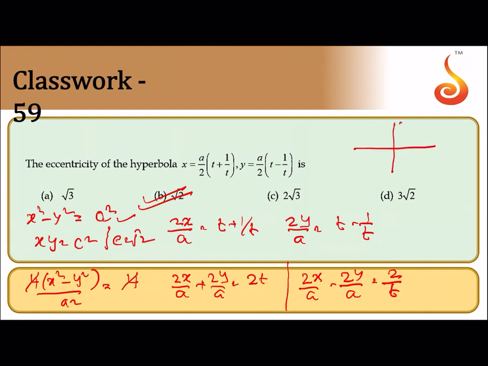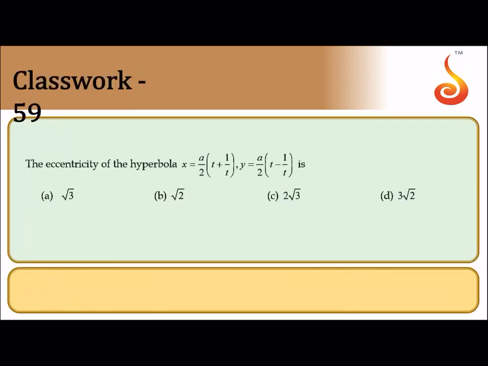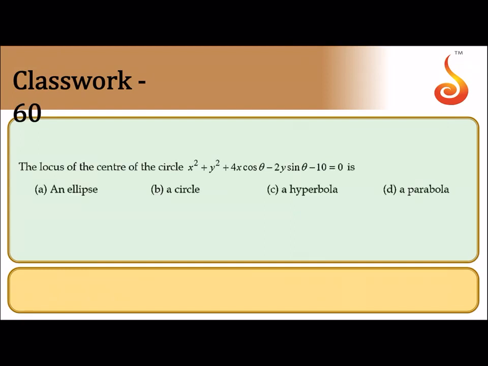In both cases, the eccentricity is root 2. What is a rectangular hyperbola? The angle between the asymptotes is 90 degrees. Then we say it is a rectangular hyperbola. So option B is correct.